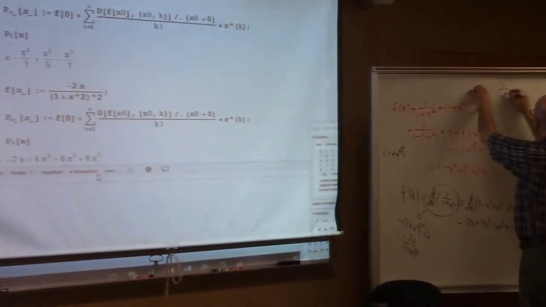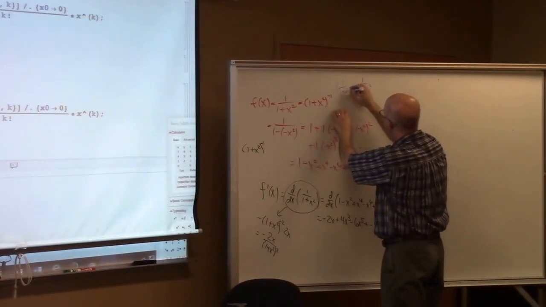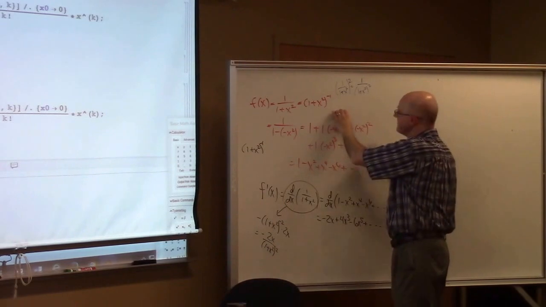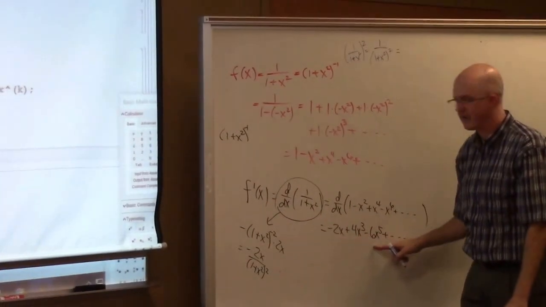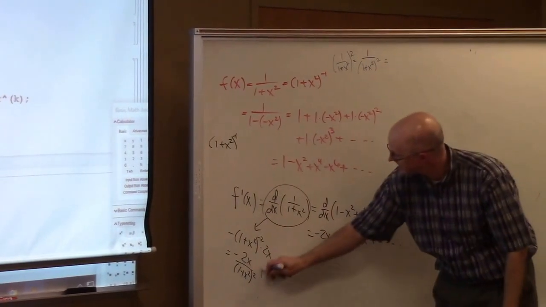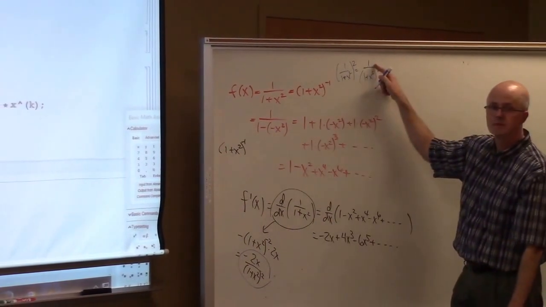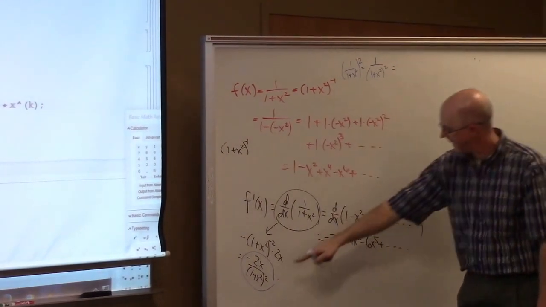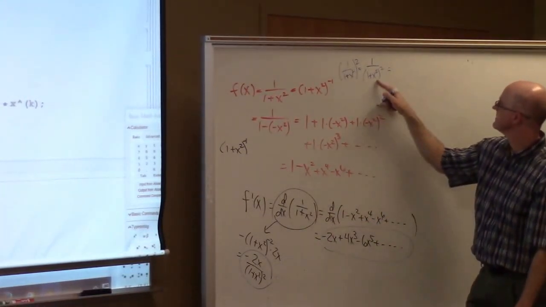1 over 1 plus x squared squared, or if you prefer, 1 over 1 plus x squared quantity squared. The series for that can evidently be found from this series by dividing everything by -2x. Because this was the series for this function that had a -2x up there instead of a 1. So if I divide everything by -2x here, I should get the series for this.